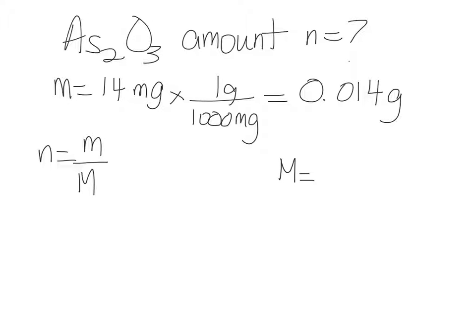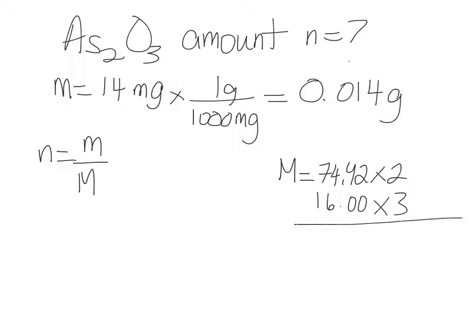You need your periodic table. What's one of them? 74.92 times 2. And then you've got 3 oxygens, so 16 times 3. Add these all up, and you get grams per mole.